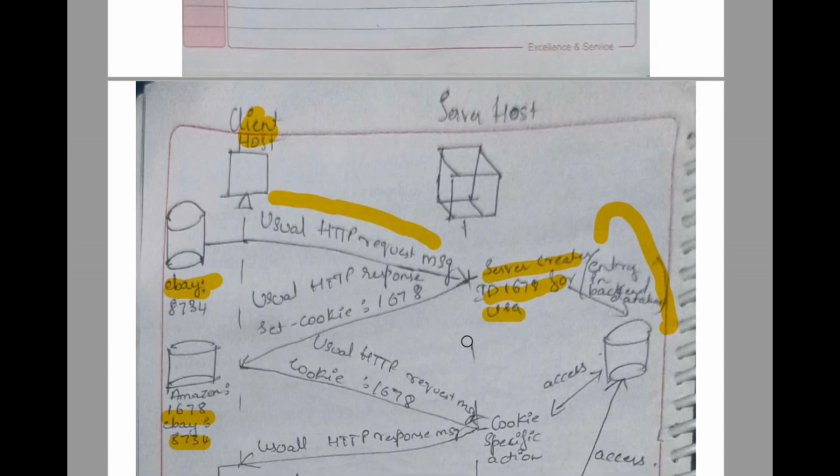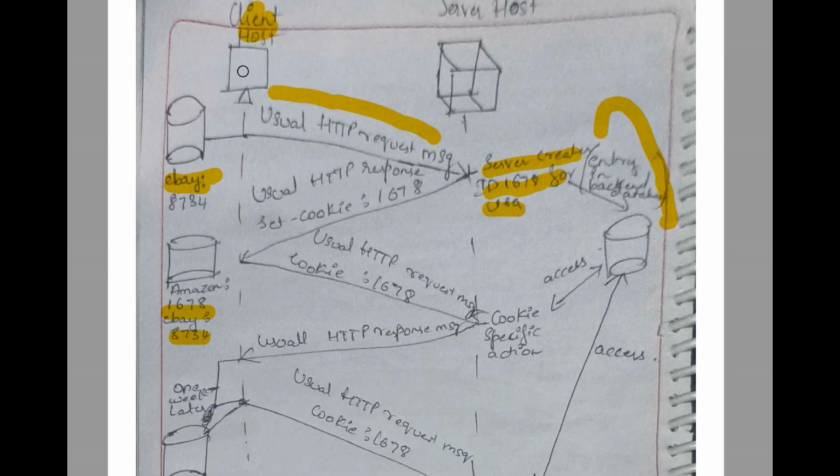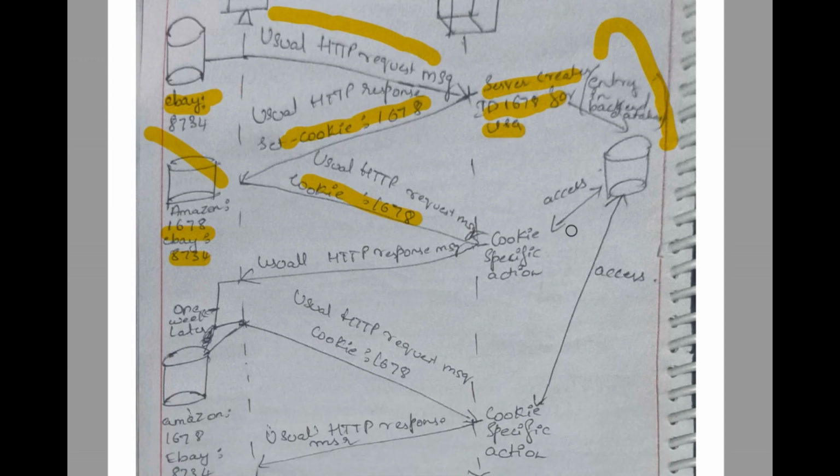This is very simple. The diagrams look complicated, but it is simple if you just analyze what is going on. The client sends the request, the server creates an ID and stores it in the database, and sends it back with the cookie 1678. It is stored in the user's browser or user system, and whenever the user visits next time, the cookie is also sent with the HTTP request message.